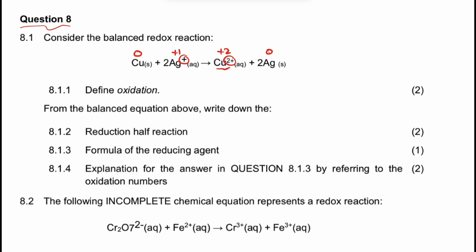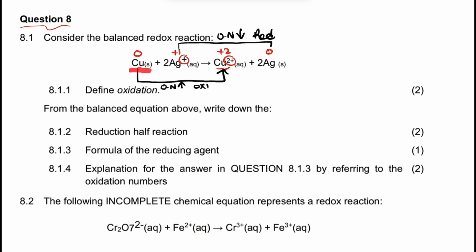Now, if you look at the oxidation numbers here, from copper to copper ion, the oxidation number increases. That means oxidation occurs there. If you look at the silver ion to the silver, the oxidation number decreases. That means reduction occurs. So the one that gives electrons here is the copper.